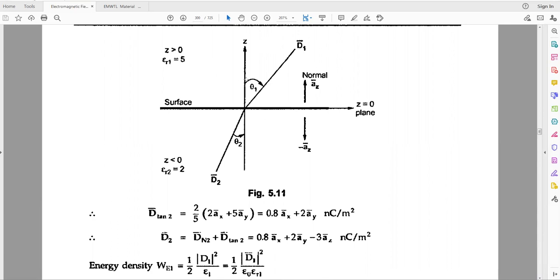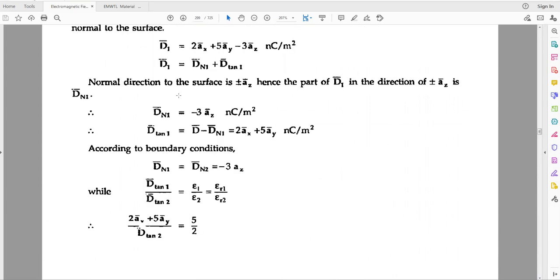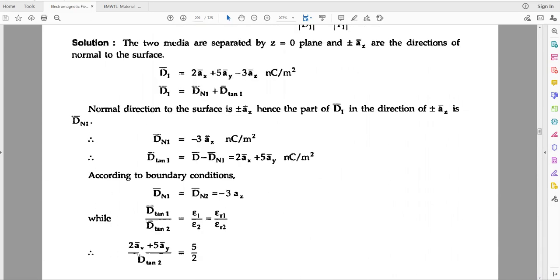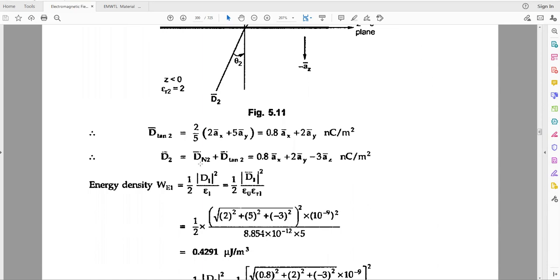See the position: this D1 is at an angle theta 1 and D2 is at an angle theta 2. So D2 is the combination of Dn2 plus D tan 2. Previously, D1 was Dn1 plus D tan 1. So now we got the normal component Dn2 and the tangential component D tan 2.